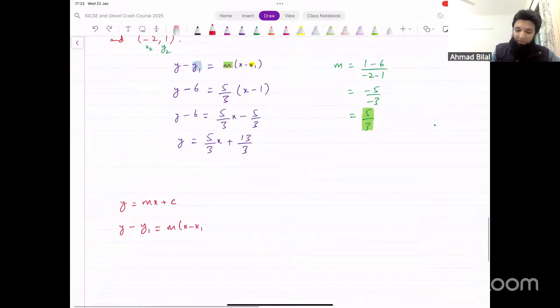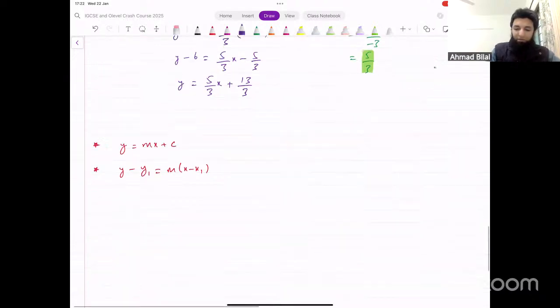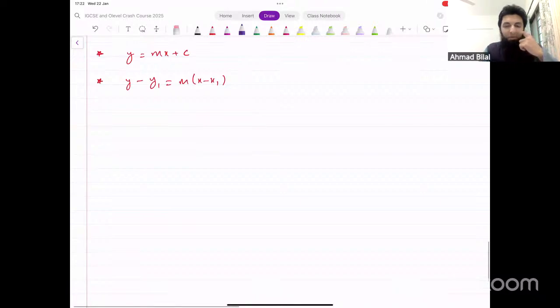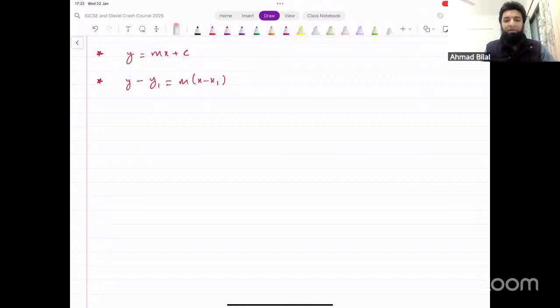I would recommend that you remember both of these forms. Each of them can be used in every case. So you can find all equations of lines using the first form, and you can find all equations of lines using the second form. Both of them will work in every single case.